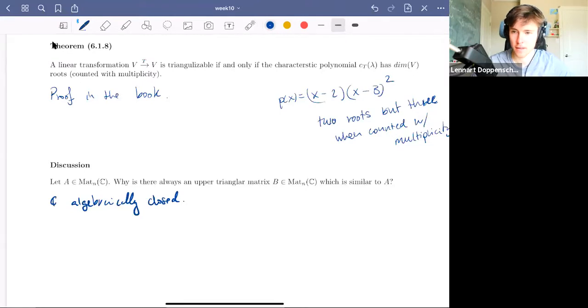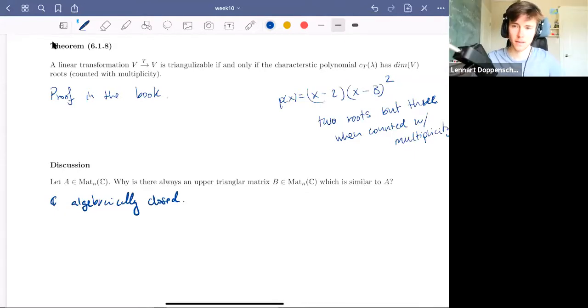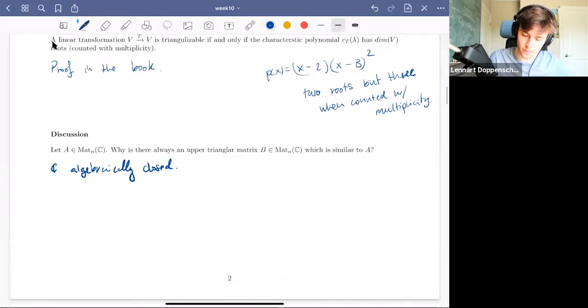Adrian. Yeah, can we just say, because C is algebraically closed, we know that such a basis exists, and therefore we just have to find the corresponding change of basis matrix, and that's basically the definition of similarity. Yes, exactly. So let me maybe put in two words there.